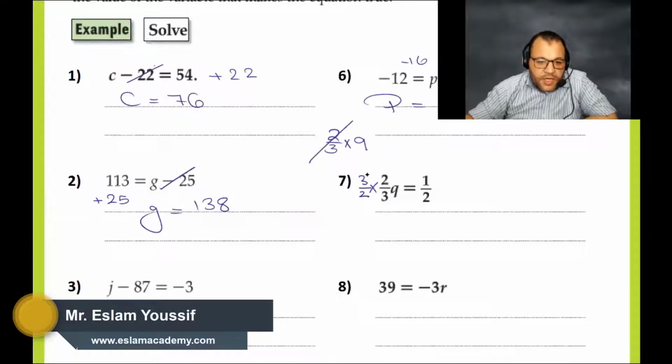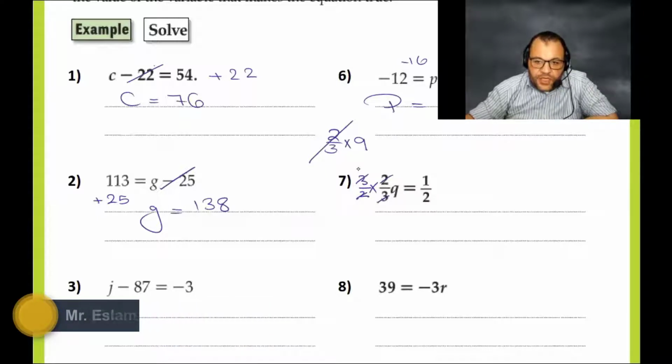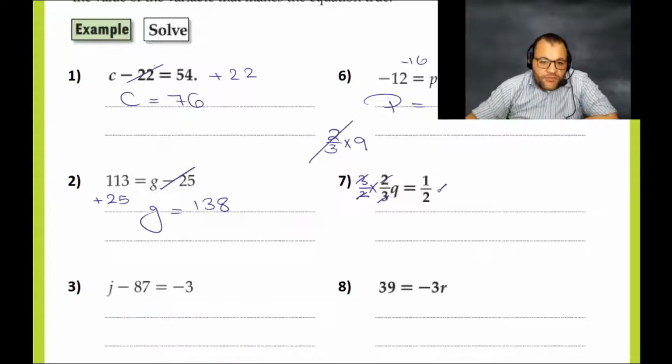Because if you multiply, you will cancel 3 and 3, 2 and 2. Because you multiply the left side by 3 over 2, you have to multiply the right side also by 3 over 2. The operation you did on the left-hand side, you have to follow for the right-hand side.